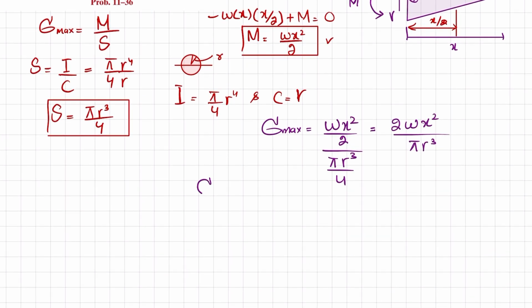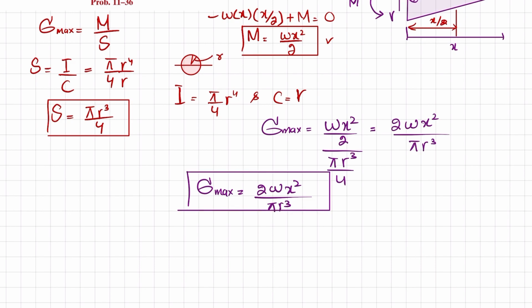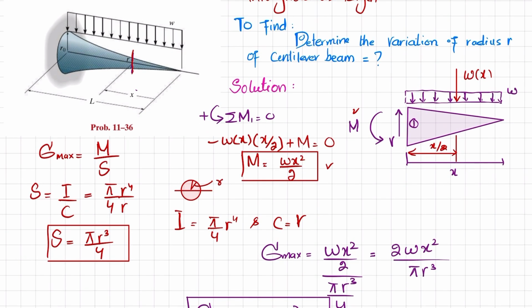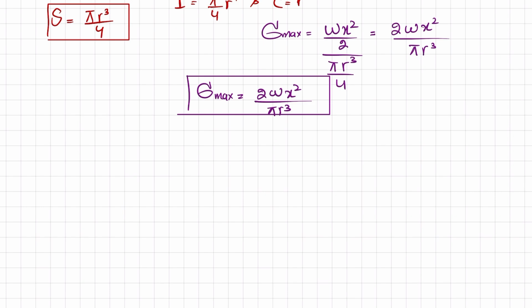So I will write it: sigma max is equal to 2Wx square over pi R cube. This is the maximum bending stress for this x length, clear. I will call it equation number 1.